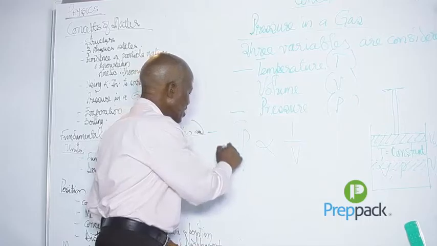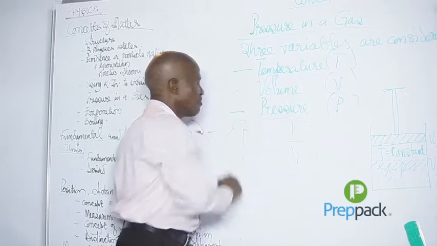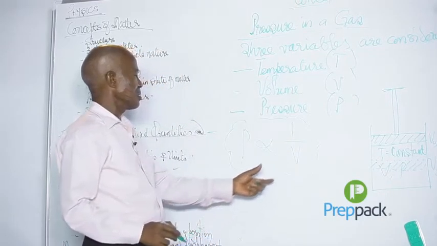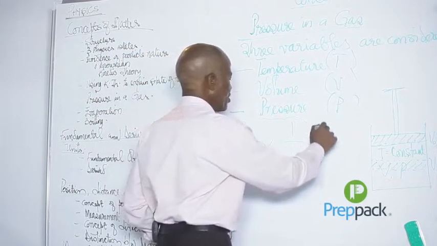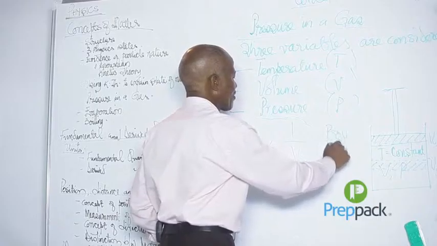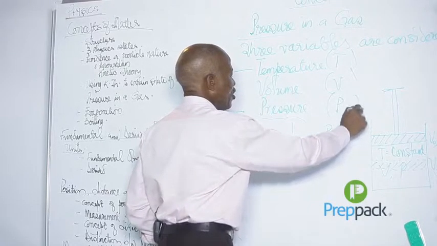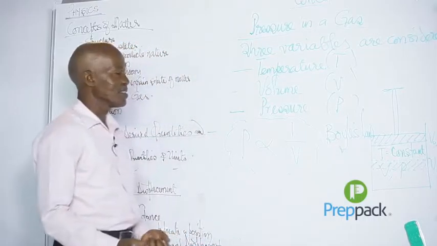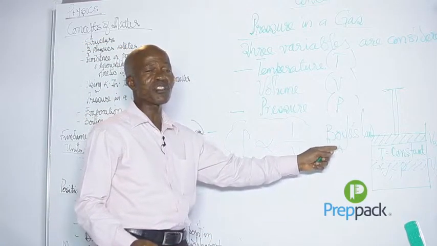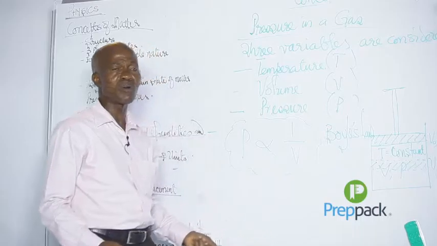That's what the law says. And this is referred to as Boyle's Law. The first person who investigated this, that is his name. The law was named after him, Boyle's Law.